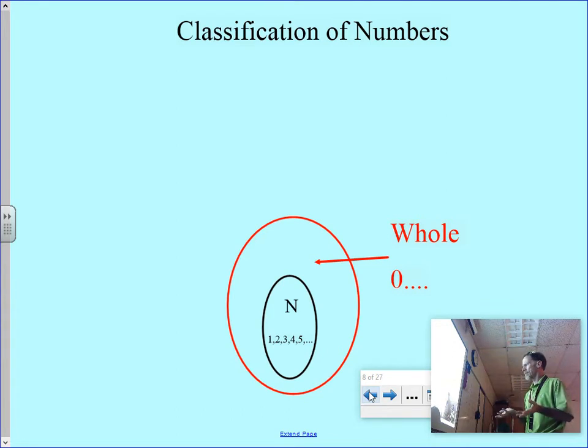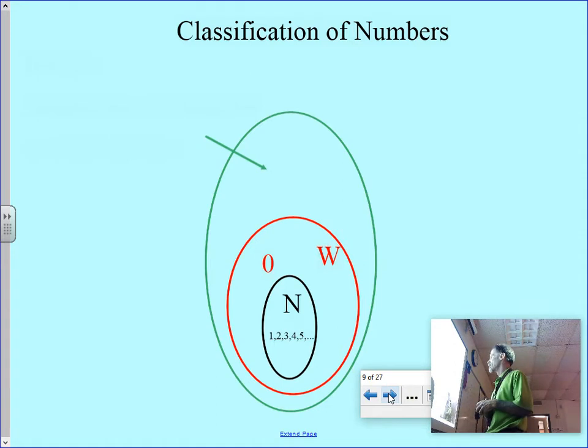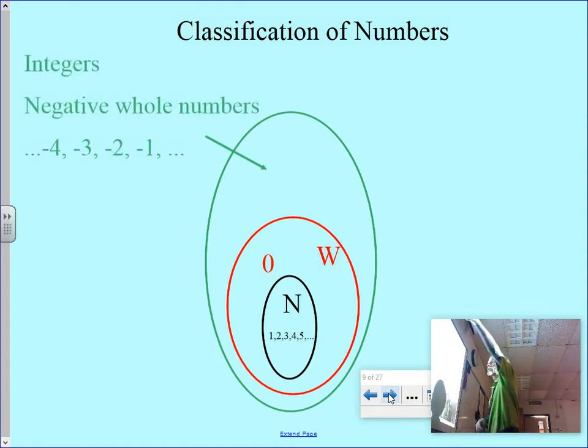The next circle outside of that, so think to yourself real quick, what are we missing still? What don't we have? Well, I think the most obvious thing we don't have are the negative numbers. So we go to the next one out, and these we call the integers. Now we have the negative whole numbers. Remember, we already have the counting numbers inside of the integers also, but now we have the negatives.